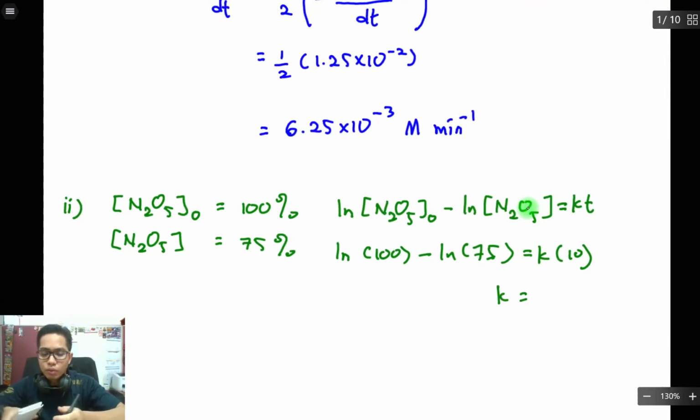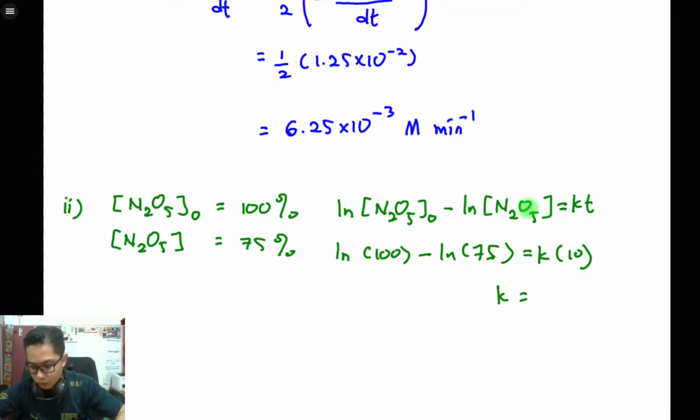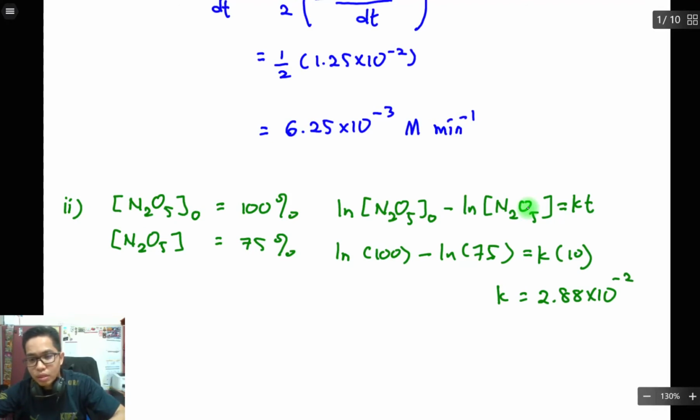So k equal to 2.88 exponent negative 2, unit minute minus 1. Why minute? Because above, it was in minutes. So that is for question number 2.